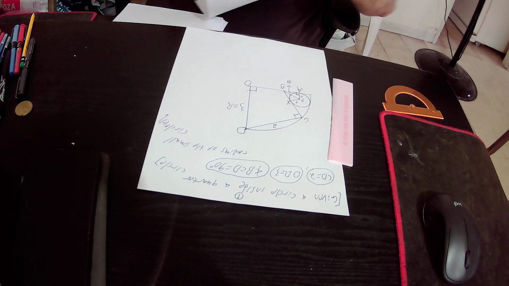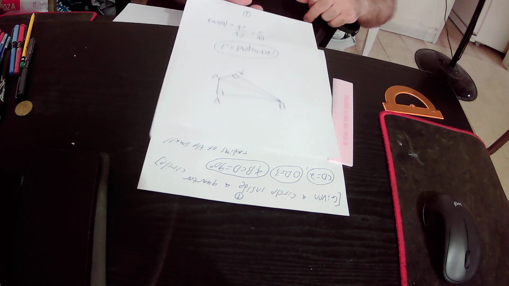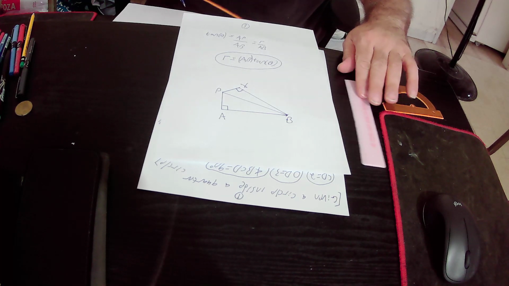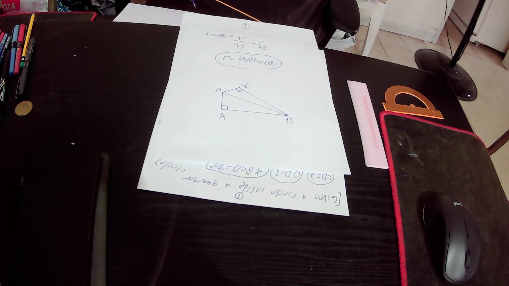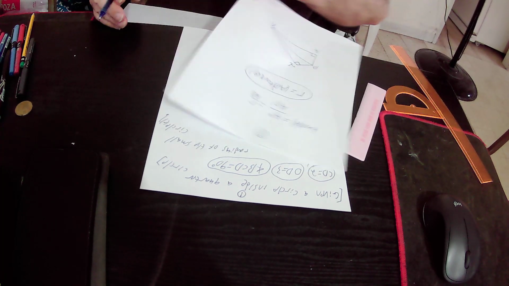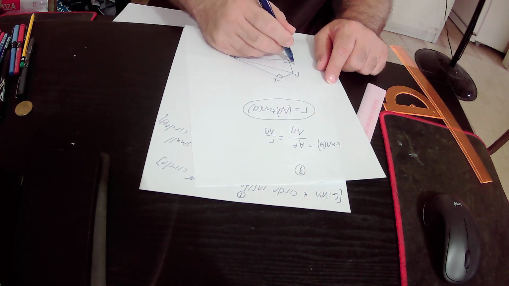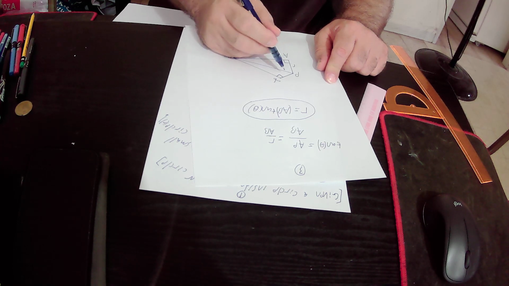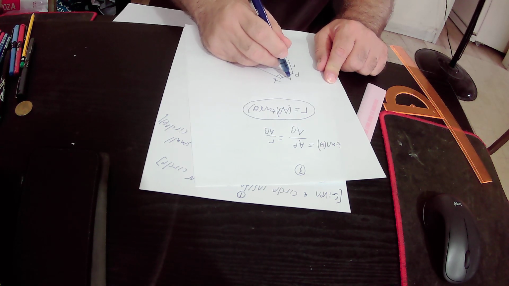So I drew triangle APB and triangle PBX again. We know that AP is the radius of the small circle, it equals small r, and PX is also the radius of the small circle.